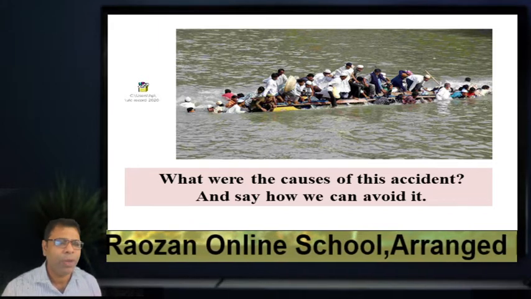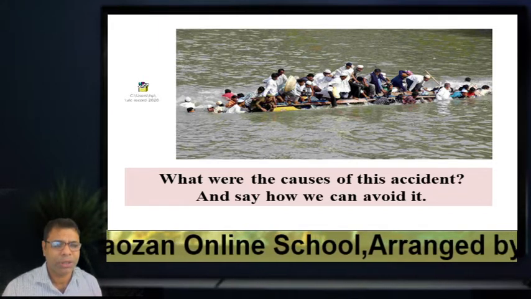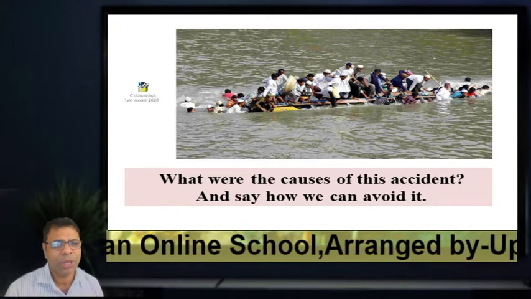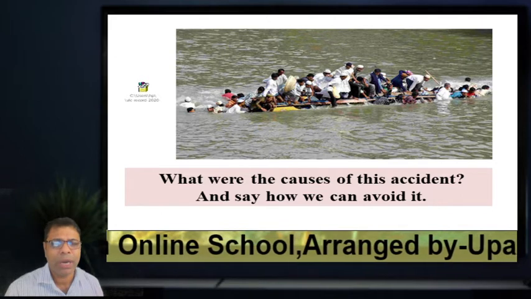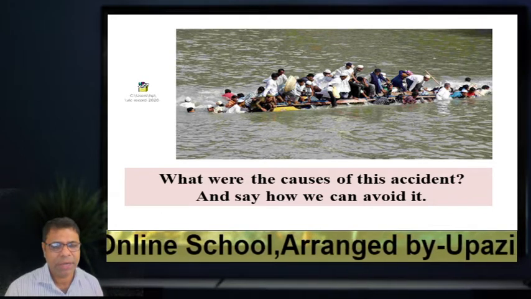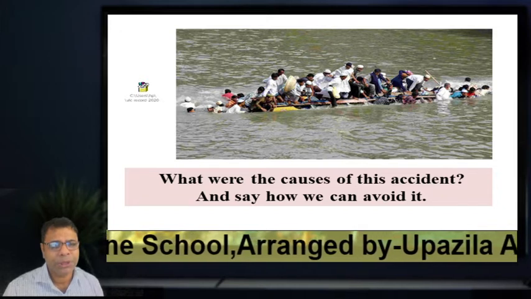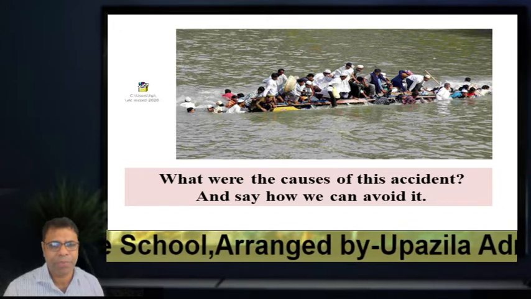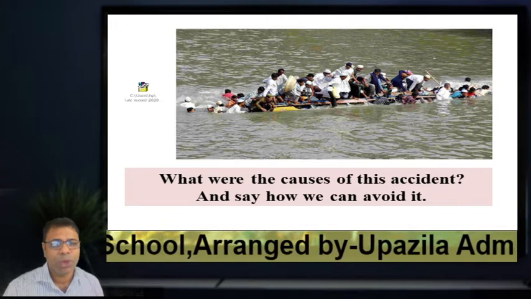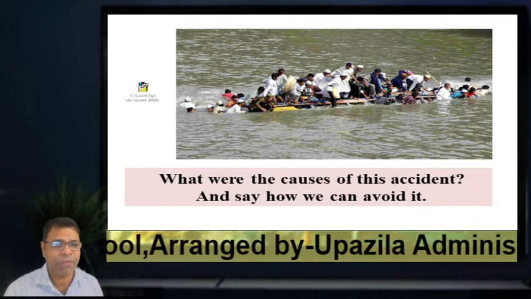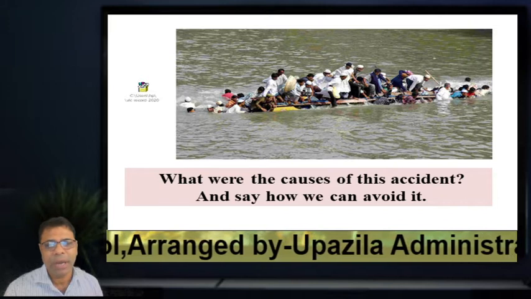If we do not board the boat with too many people, we can avoid the accident. That means some people have to travel by another trip, but we don't have the patience to cross the river. That's why there is an accident.